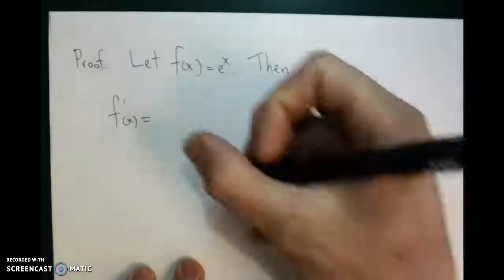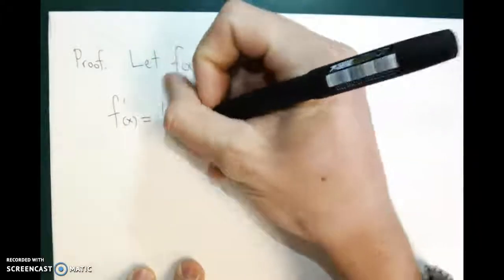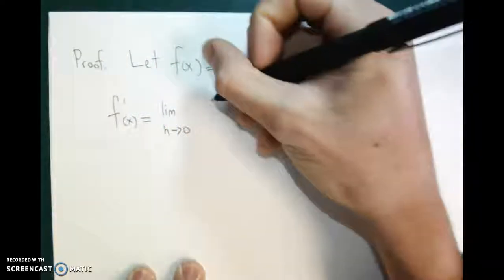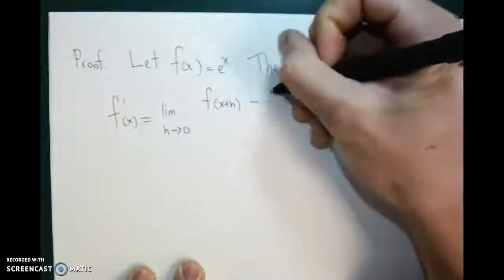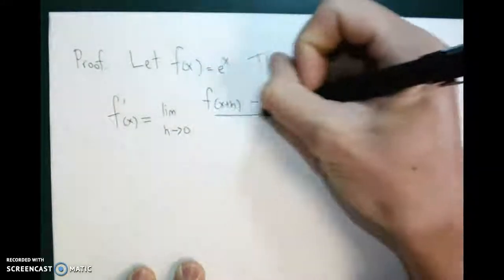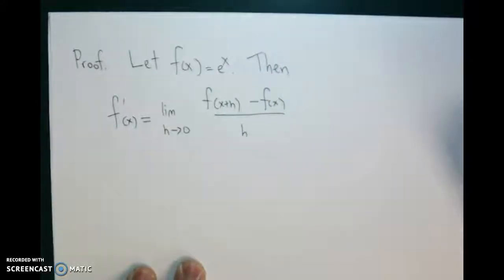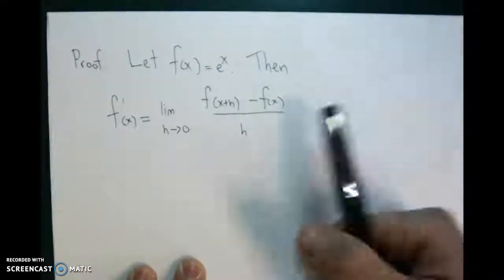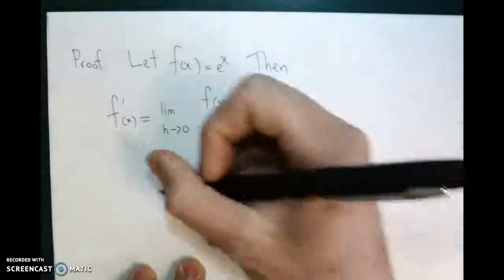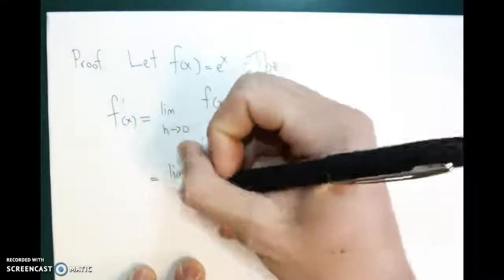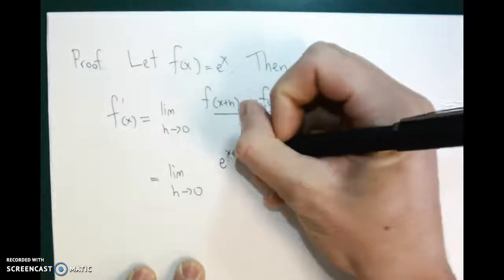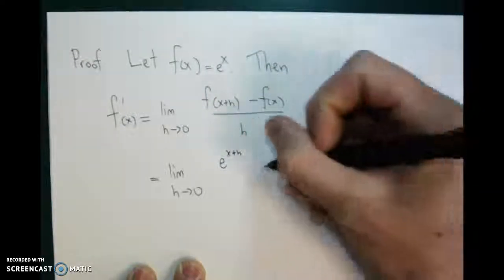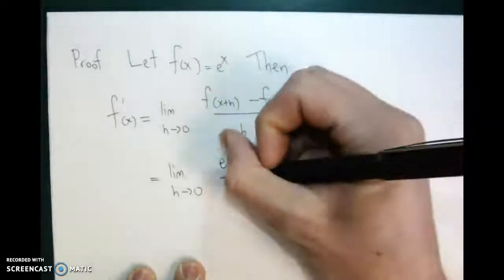By definition, f prime of x is the limit as h goes to 0 of f of x plus h minus f of x, divided by h. That's just what I wrote on the last sheet of paper. Now, what is f of x? f of x is e to the x, so this will be the limit as h goes to 0. f of x plus h is e to the x plus h, and f of x is e to the x, divided by h.